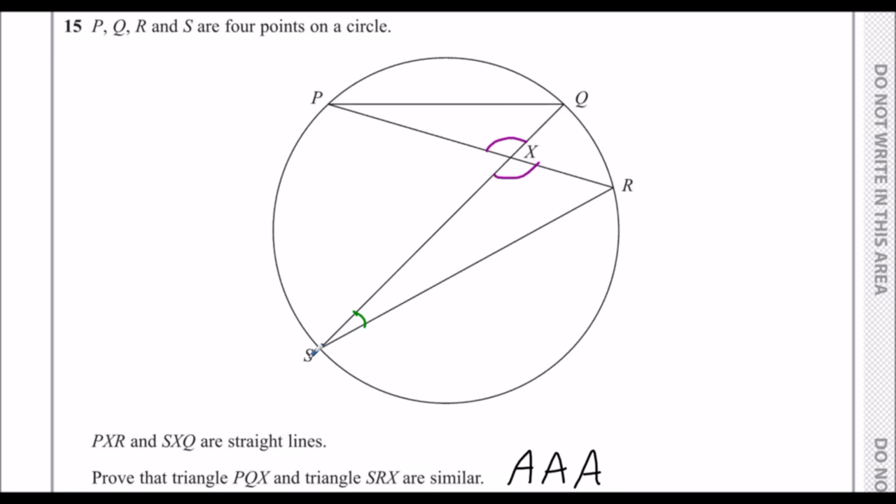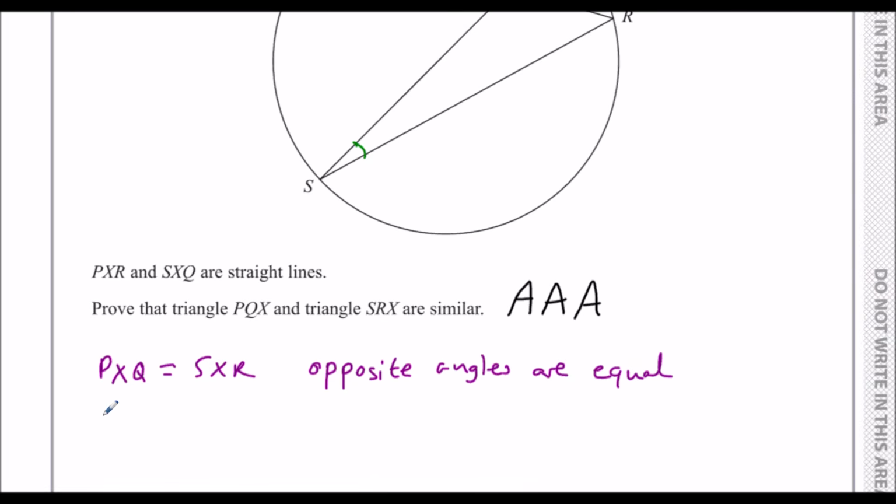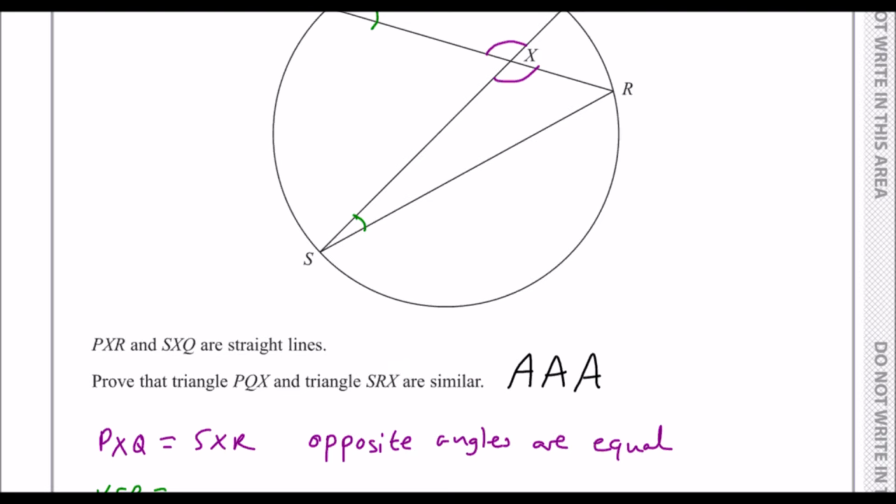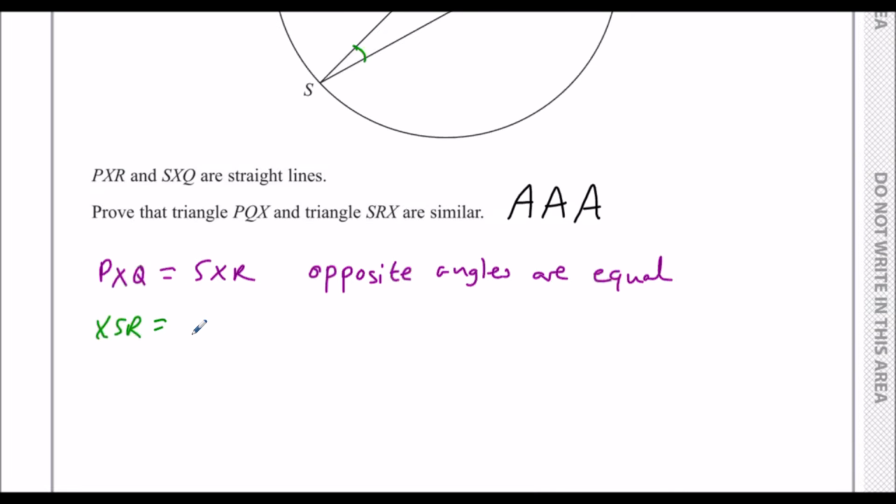So we can say XSR equals XPQ, angles in the same segment are equal.